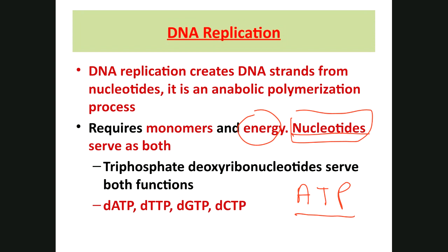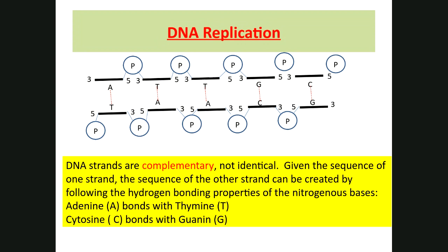So ATP, TTP, GTP, and CTP are both the building block and carry the energy needed for the synthesis of DNA. So you can see here that during DNA replication, the 5' carbon from one nucleotide binds to the 3' carbon to the other via the phosphate group. You have the phosphate sugar backbone.